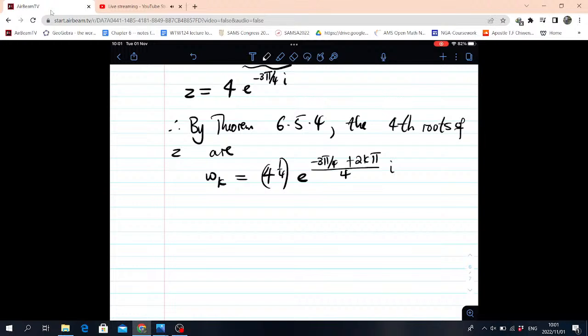And we know that k is going to be from 0 to n minus 1.